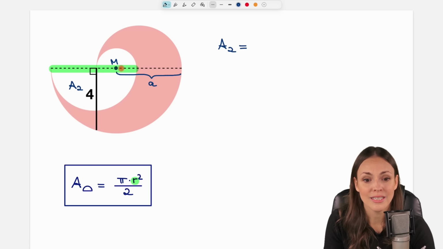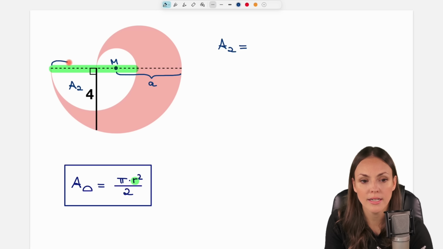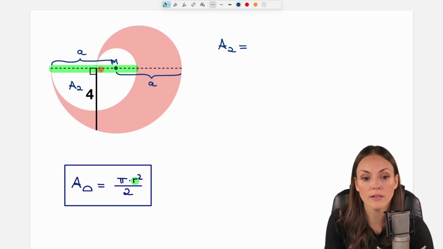Well, here on the right side, we had from M to the edge here, this was the radius of this largest circle. So also on the other side here, from the edge to this center, this is also the radius. So I have my A here on the left side as well, which is a part of this green diameter already.